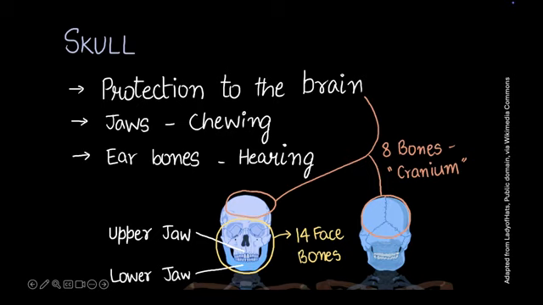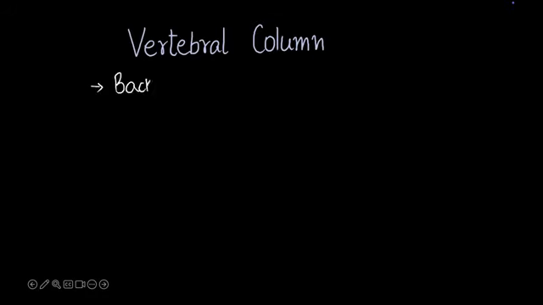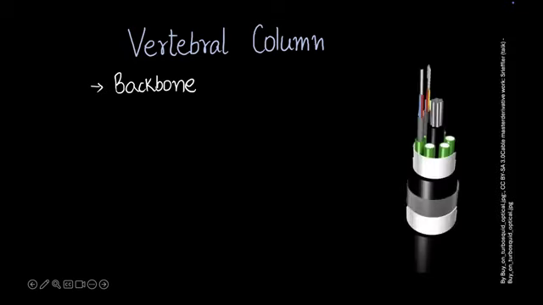Now let's move to the next set of bones which are part of the axial skeleton, and that's the vertebral column. Now, the vertebral column is just a fancy word for backbone. Most of us know it as the backbone. Let's look at a picture. You might be wondering why there's a picture of a wire when we're talking about the vertebral column. So let's see why.